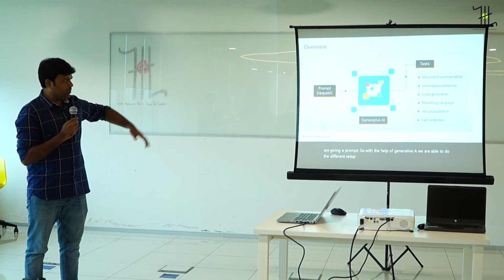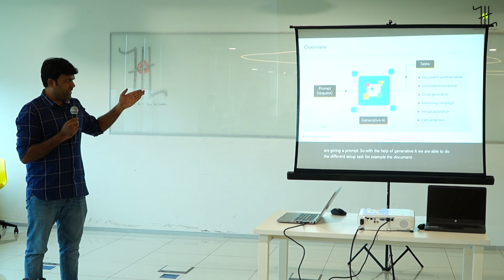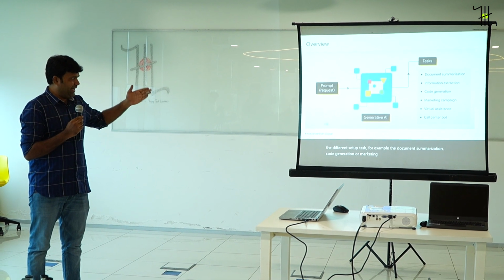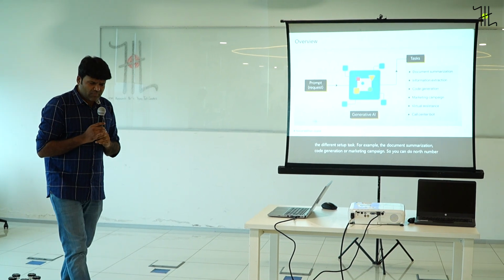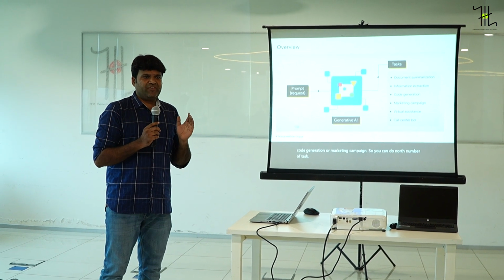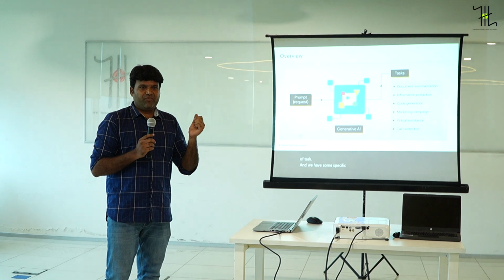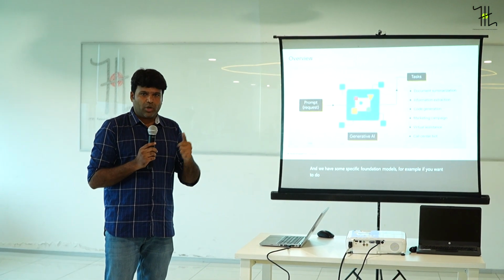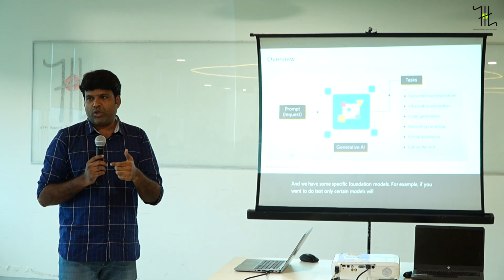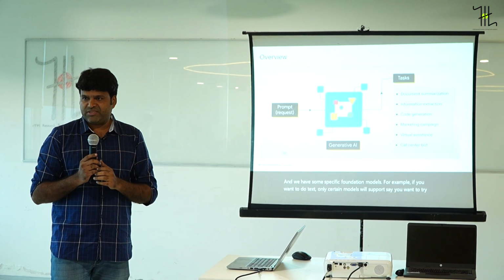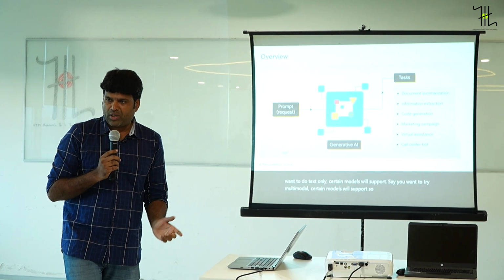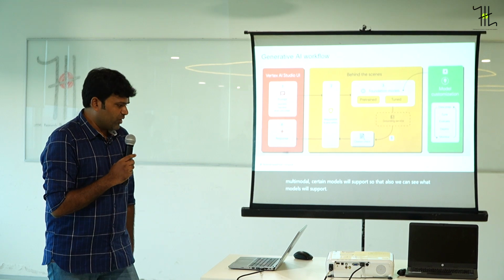For example, document summarization, code generation, or marketing campaigns. You can do n number of tasks. And we have some specific foundation models. For example, if you want to do text, only certain models will support it. Say you want to try multimodal, certain models will support that. We can also see which models will support what. And this is the workflow.